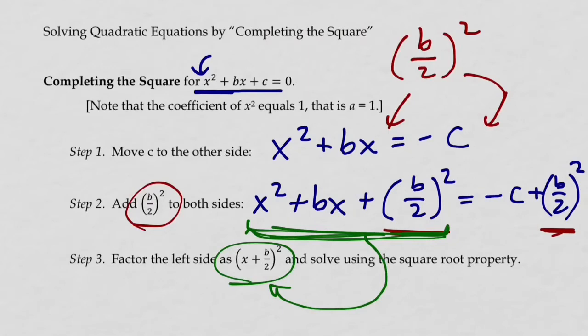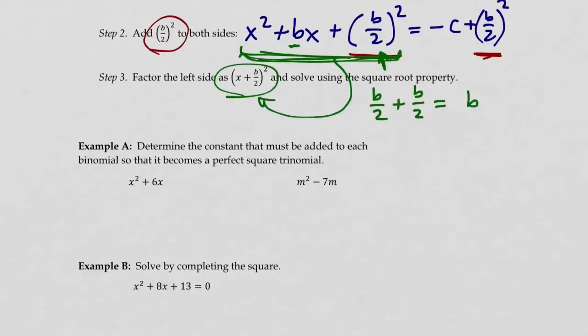And that works because b over 2 plus b over 2 is exactly equal to b, and b over 2 times b over 2 is equal to b over 2 squared. So this may seem a little confusing at this point, but let's take a look at a couple of examples to see how it works.